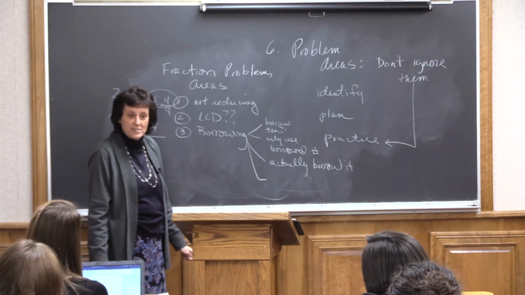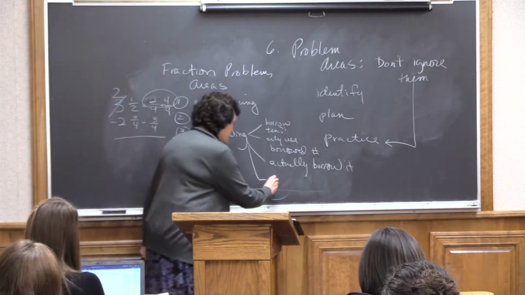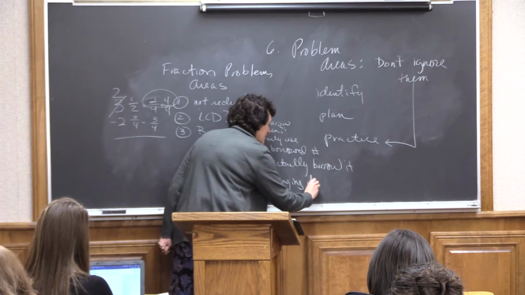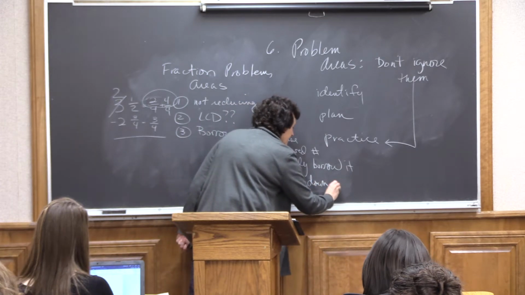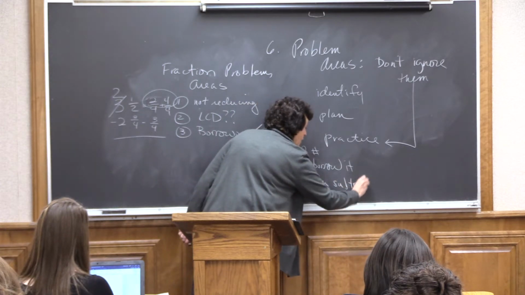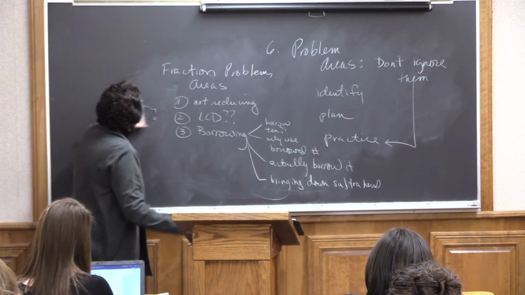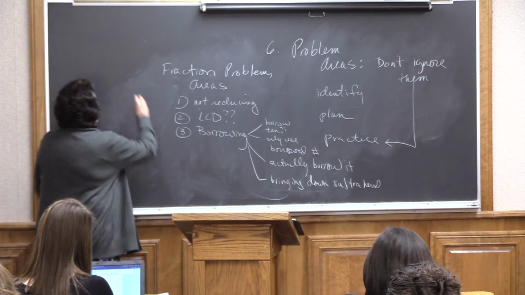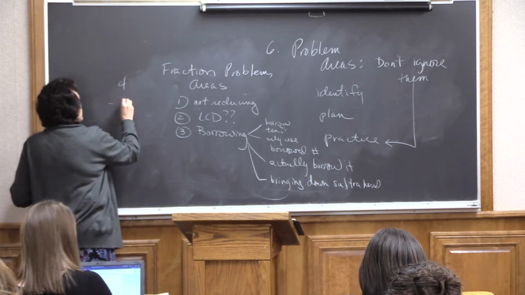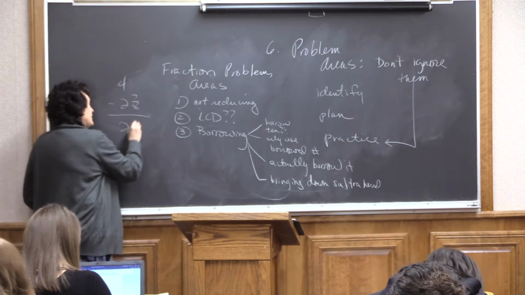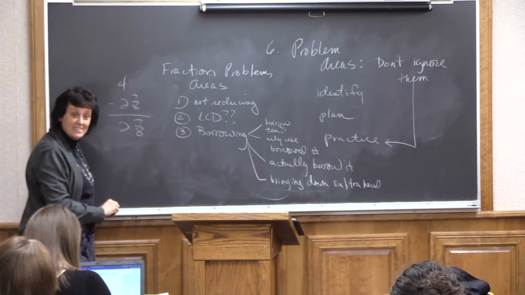We can't bring down subtrahends. So another problem area is bringing down the subtrahend instead of borrowing. Take a simpler problem here: 4 minus 2 7/8 does not equal 2 7/8, does it?